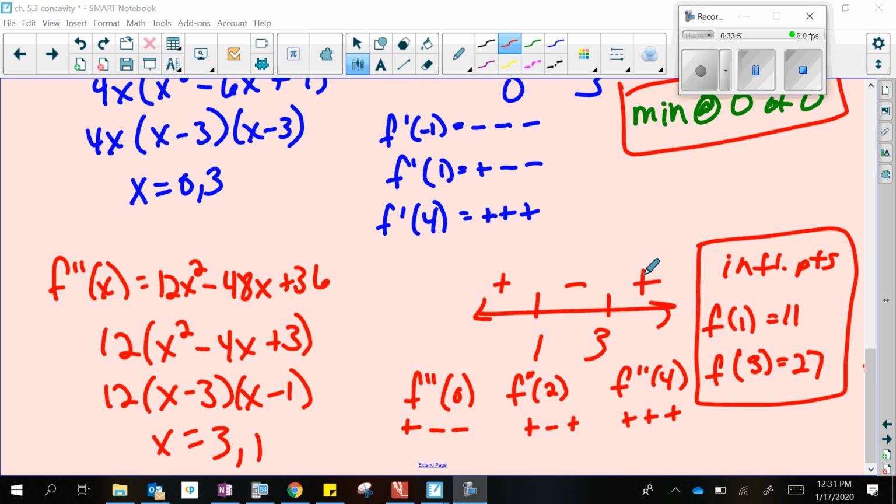So concavity all the way up to 1 is positive. So it's almost like a parabola coming up to 1. Then between 1 and 3, it changes to negative. Is that what you were talking about? Then it goes positive again. Yeah, I've kind of drawn it. I've put an inflection point in there. This is positive concavity, right?